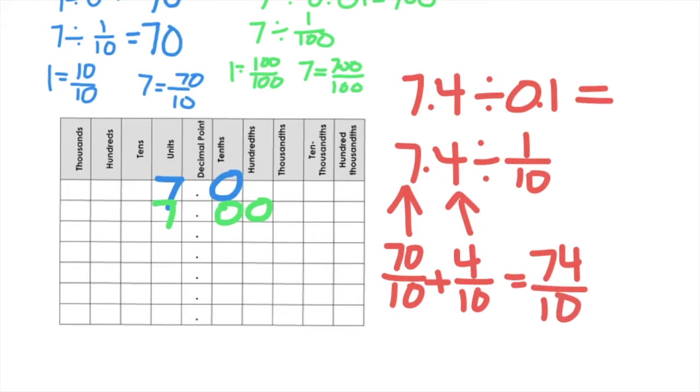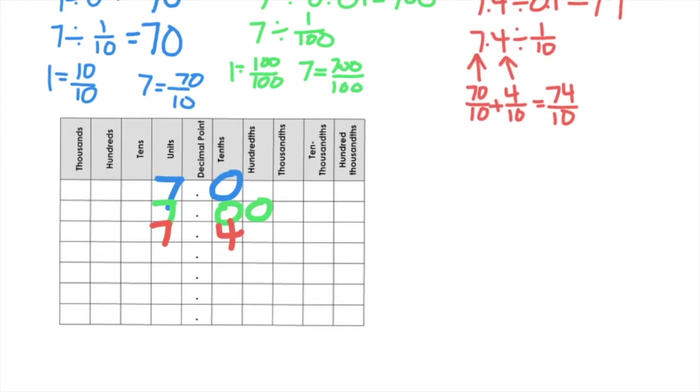So when I solve my equation up here, 7 and 4/10 divided by 1/10, that's a total of 74. Now, if I put that in my place value chart, I'm going to start with 7.4 and I want to end at the tenths place. So I'm going to write 7 and 4/10, and I don't need to add any zeros because I'm already in the tenths place. If I ignore the decimal, I can say 74 tenths, which is the answer I got right here. So it does work.